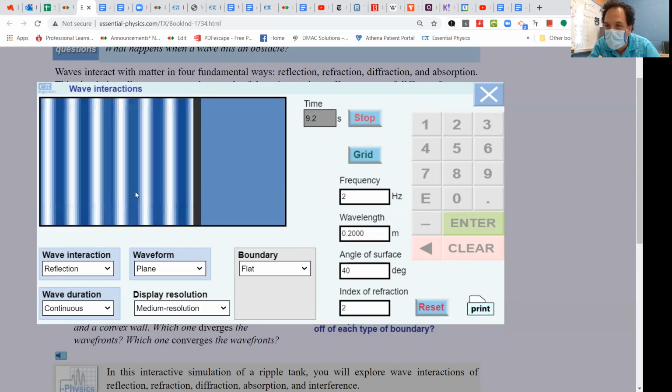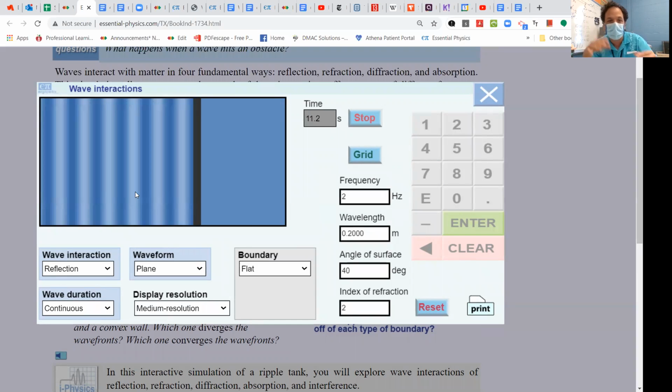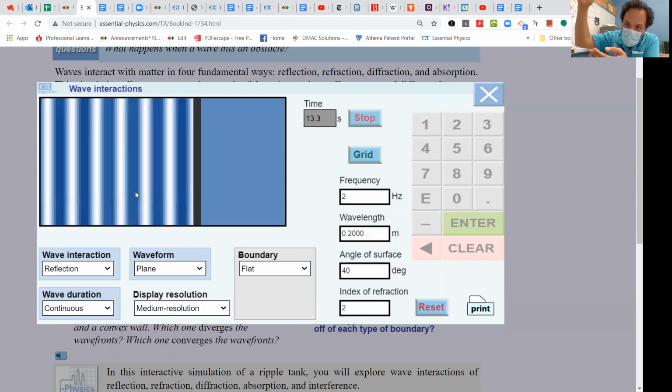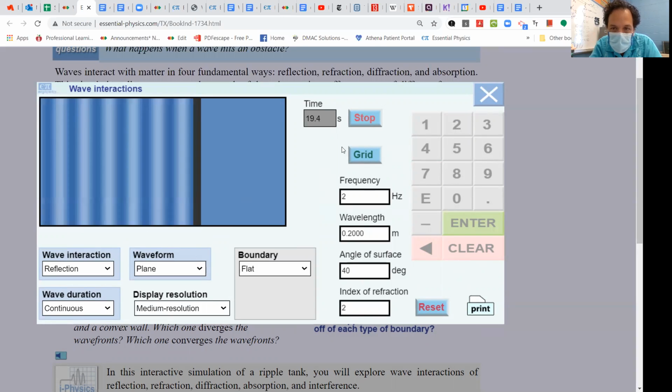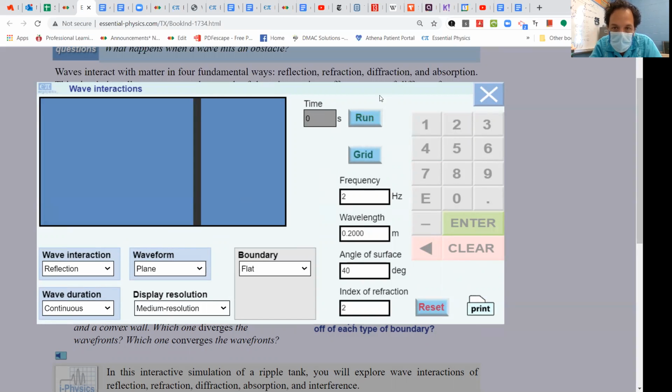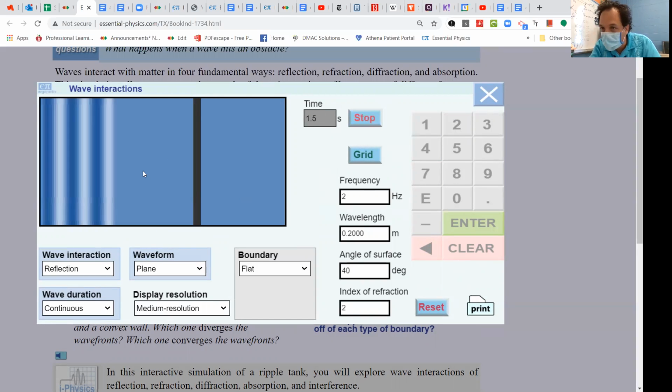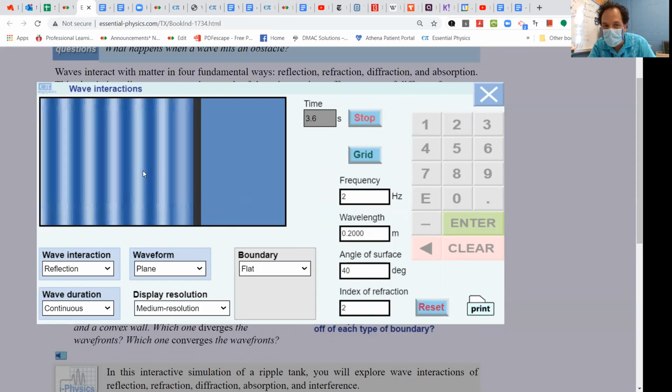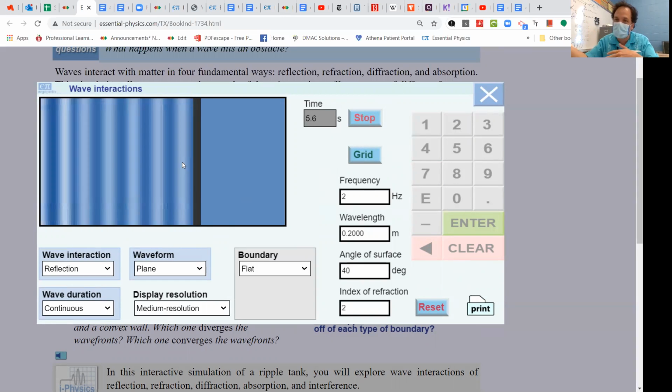And that's what we were just talking about, the constructive interference. The higher points got higher and the lower points got lower. And what do we notice about the direction? It changed direction, right? So waves reflect off of objects. So a straight flat wall, they just come straight back, right?